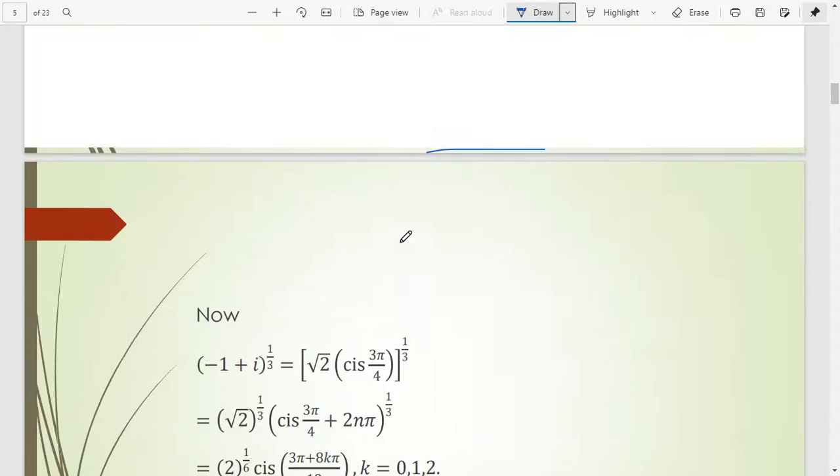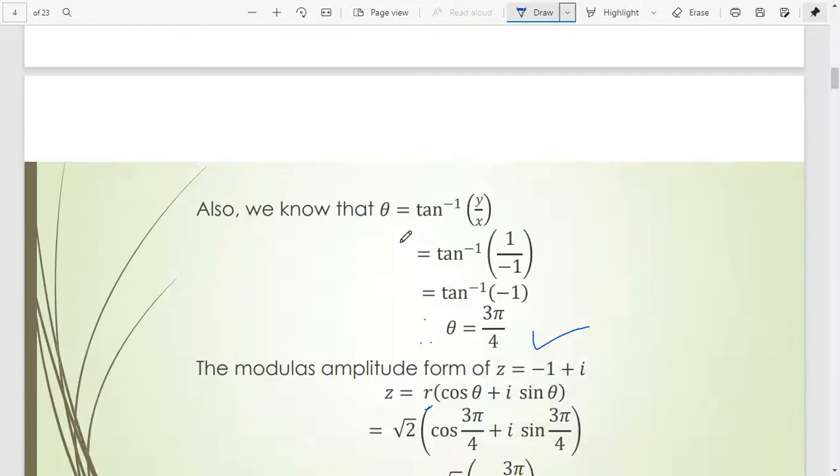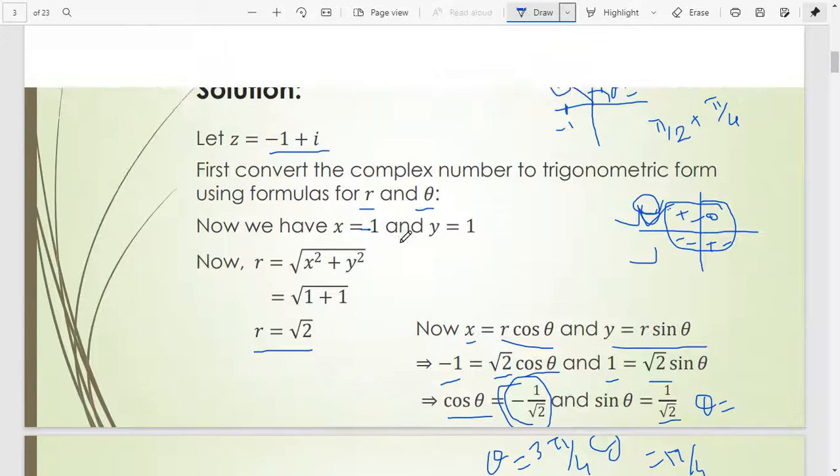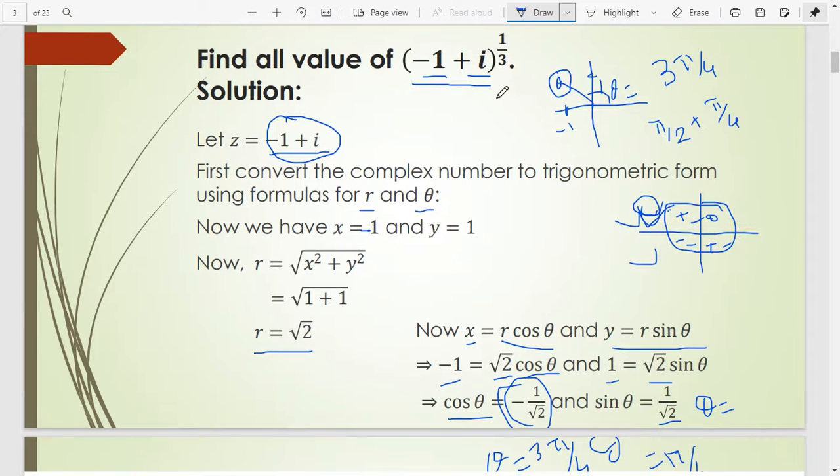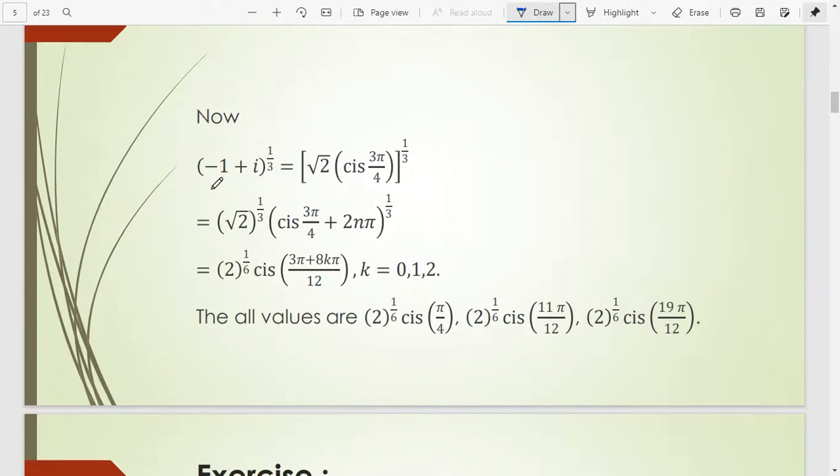Now we get the value of minus 1 plus i, but we want to find the value of (minus 1 plus i) raised to 1 by 3. So (minus 1 plus i) raised to 1 by 3 is equal to, the value of minus 1 plus i is equal to under root 2 cis 3 pi by 4, and raised to 1 by 3.